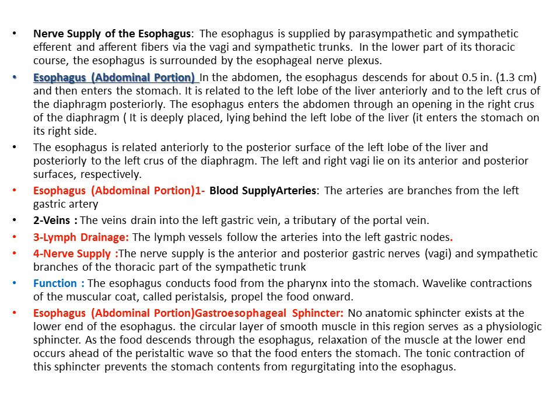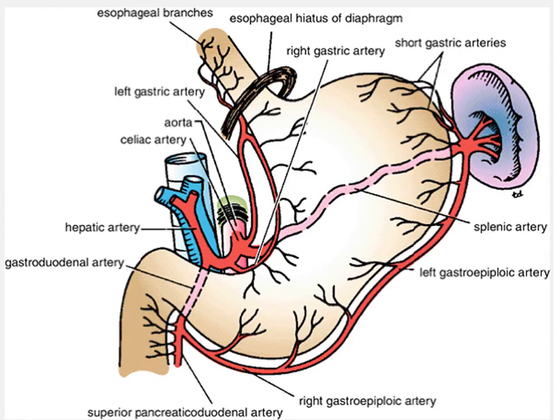As food descends through the esophagus, the muscle relaxes, and then the peristaltic wave pushes the food into the stomach. The tonic contraction of the sphincter prevents regurgitation of food from the stomach to the esophagus.